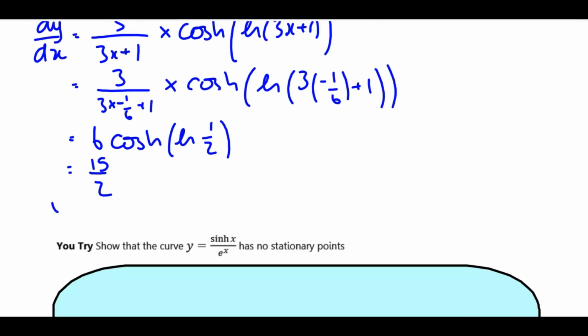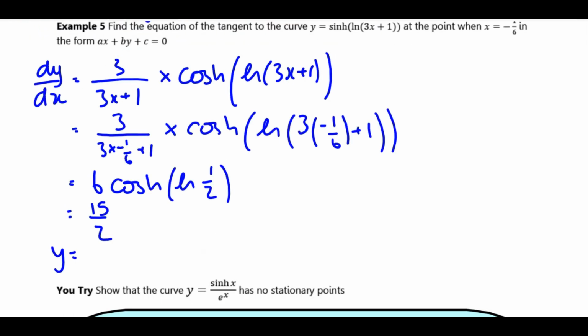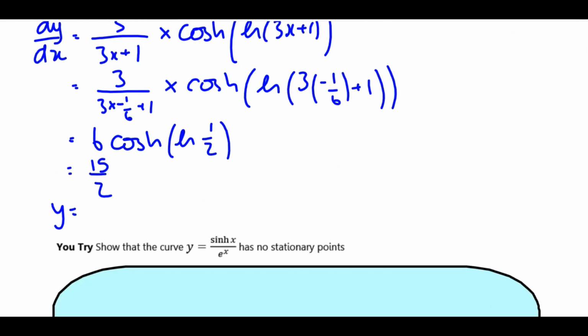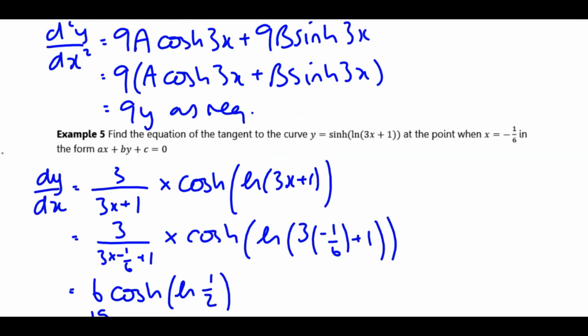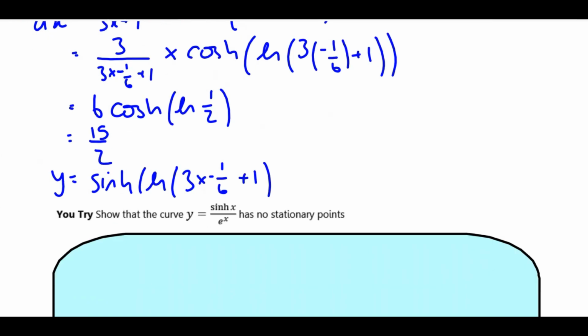I also need my y value, so y equals sinh of ln of 3 times minus a sixth plus 1. And if I work that one out, you get minus 3/4. Now we've got enough information to work out the equation.